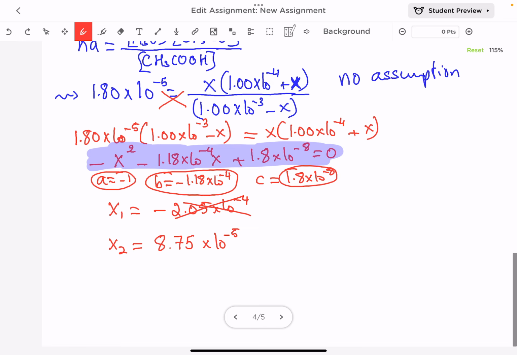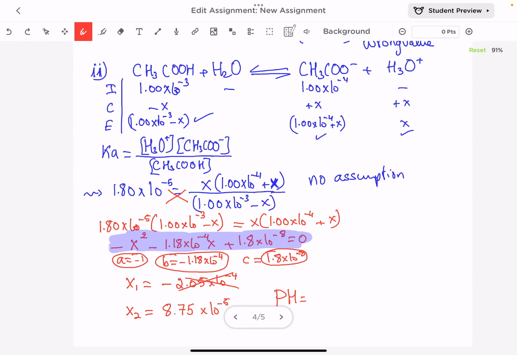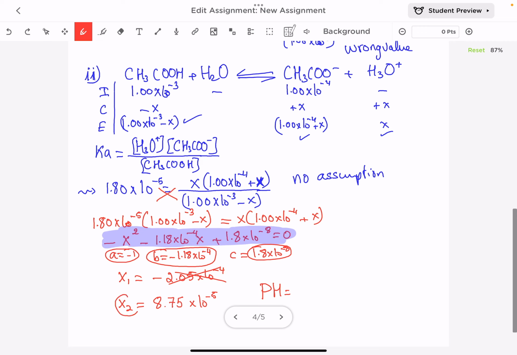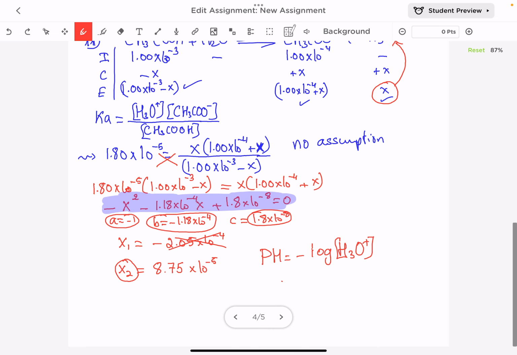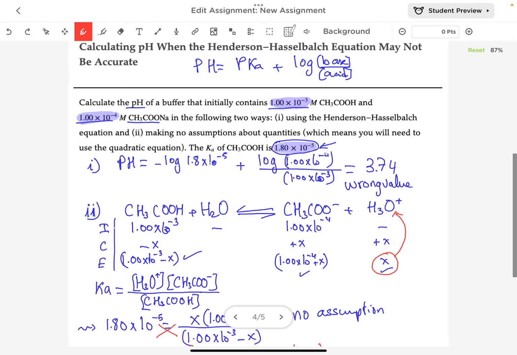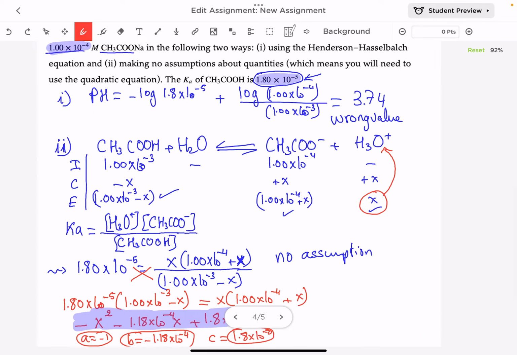So now when we calculate pH, this is X. I'm going to show you again on the table that X is the concentration of H3O plus, which is going to take me to the pH. So pH is minus log H3O plus, which is minus log of 8.75 times 10 to the power negative 5, and that is not 3.74.